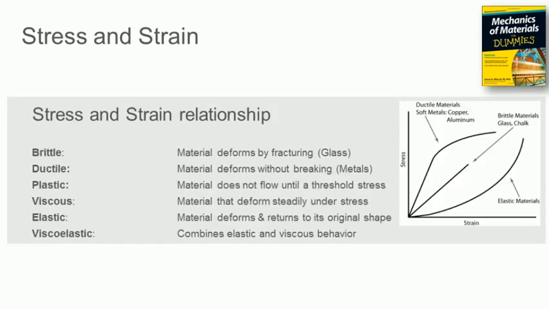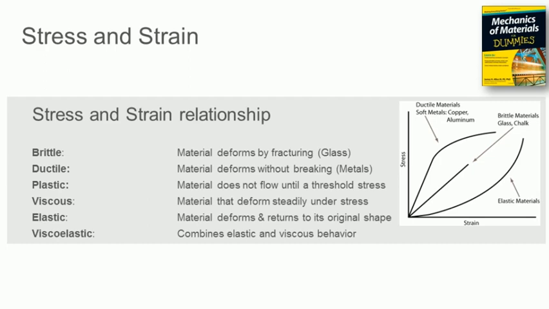What is maybe more important, I believe, is to understand the relationship between the stress and the strain, and that's basically, in terms of physics, how we describe objects. There are different kinds of stress-strain relationships, like the brittle one, which is what happens if you apply a pressure on glass.